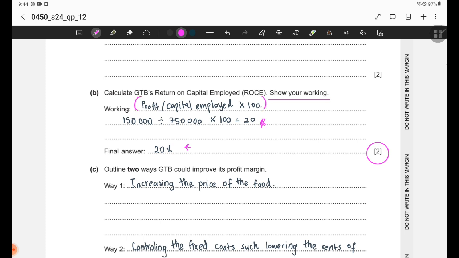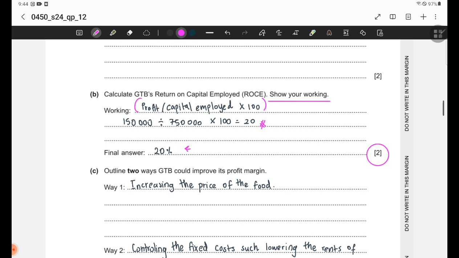I personally prefer if you wrote it like this, you have to write the formula, profit over capital employed, which is multiplied by 100, so that the examiner can see it. Or I believe it's not an examiner in this case, maybe it could be a computer, I don't know, but it should be clear what you're mentioning here. The formula should be correct. So even if your numbers here, maybe you did something wrong, which could happen to most people actually, they will give you 1 mark for the formula.